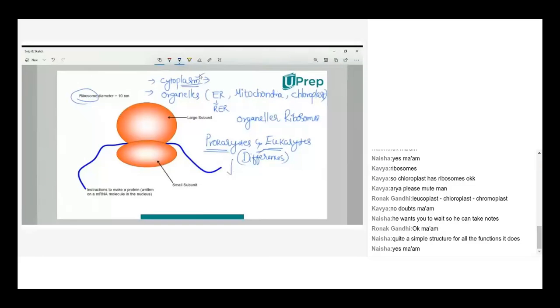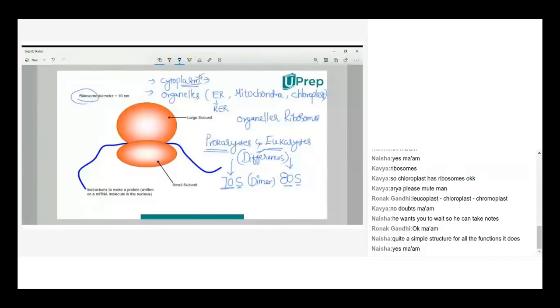When you take prokaryotes, you will have the 70S ribosome. When you take eukaryotes, they will have the 80S ribosome. S stands for Swedberg unit. The number relates to the molecular weight. In prokaryotes, we have a lower molecular weight ribosome, and in eukaryotes, a somewhat higher molecular weight ribosome. This is the dimer form.